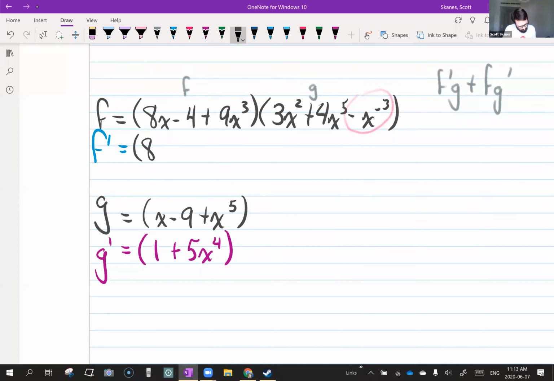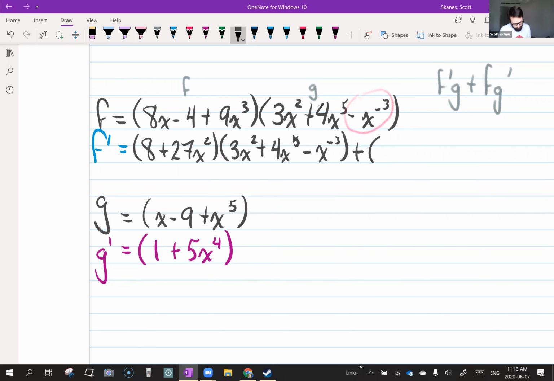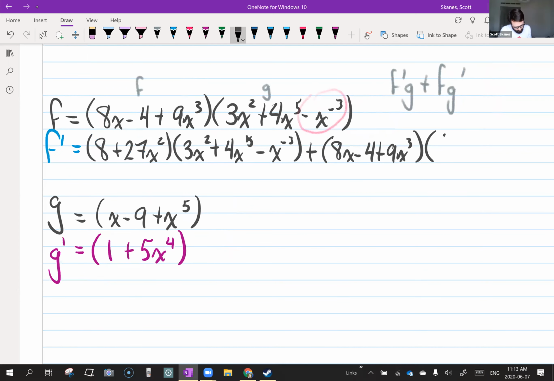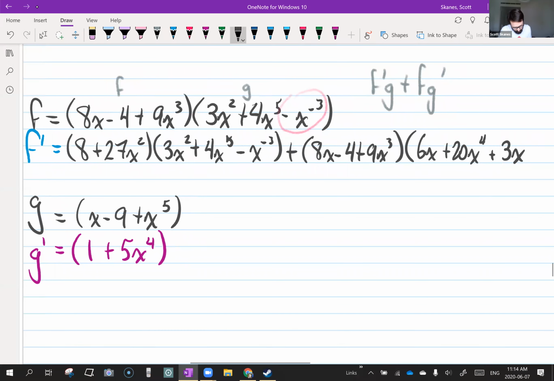Derivative of the first one is 8 plus 27x squared. The second as it is. Plus the first one as it is, times the derivative of the second one, which is 6x plus 20x to the power 4, or sorry, plus 3x to the power of negative 4.